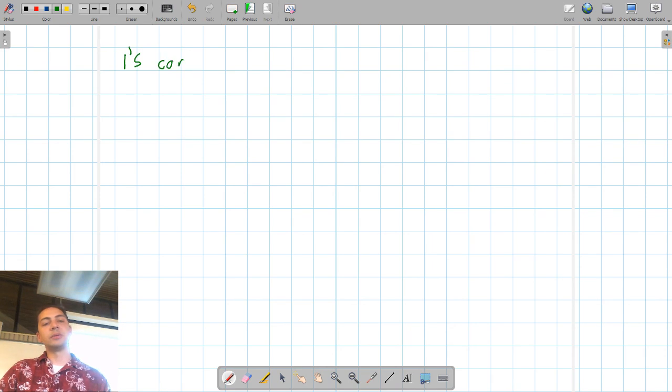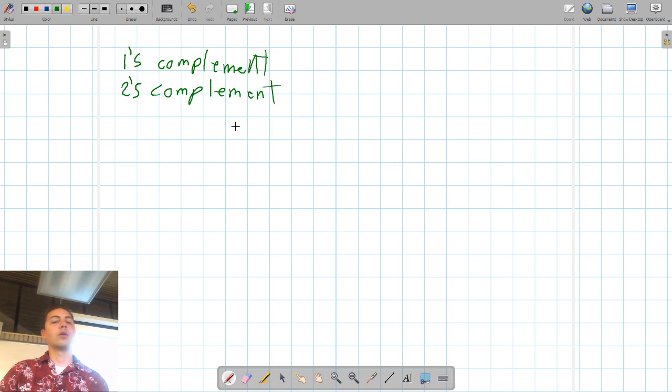Ones complement, and twos complement. Okay, these are a process by which we can do subtraction without actually having to subtract things.